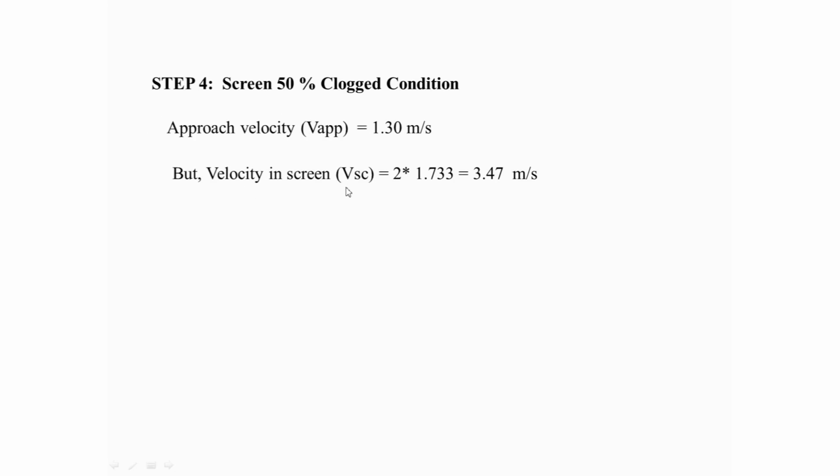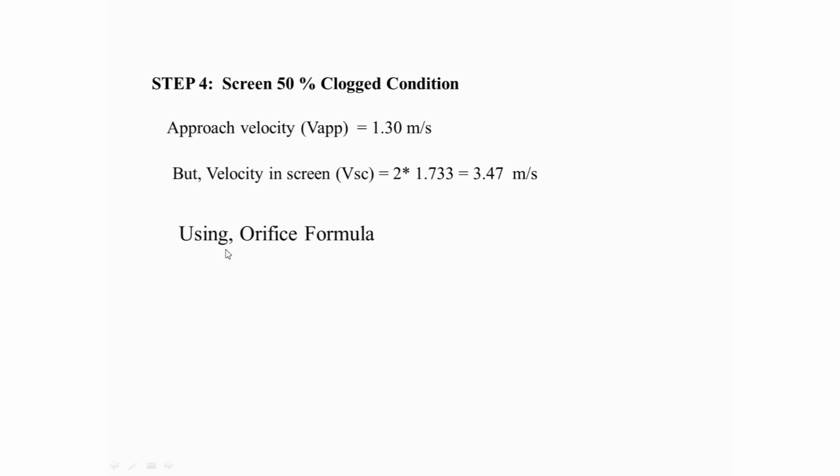In step 4, we calculate the head loss for the 50% clogged condition. The approach velocity is 1.30 meter per second, but the velocity in the screen is twice the velocity in the clean bar condition, which will be 3.47 meters per second, which is very high.